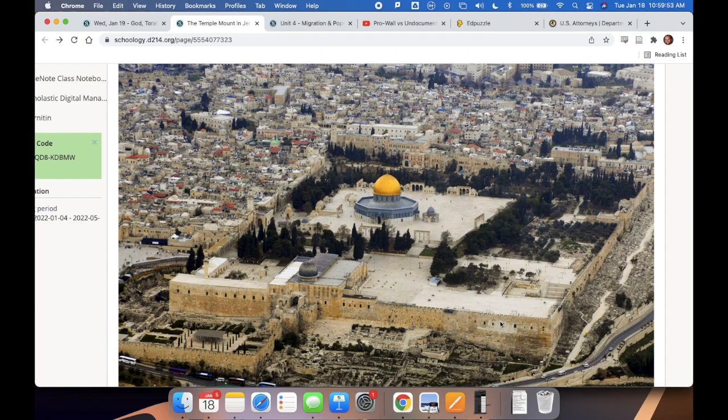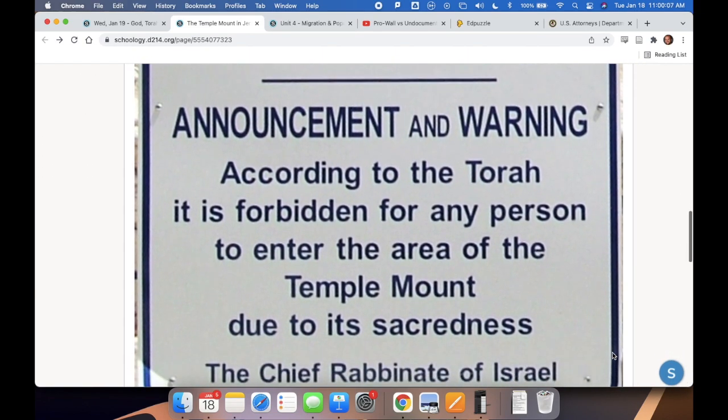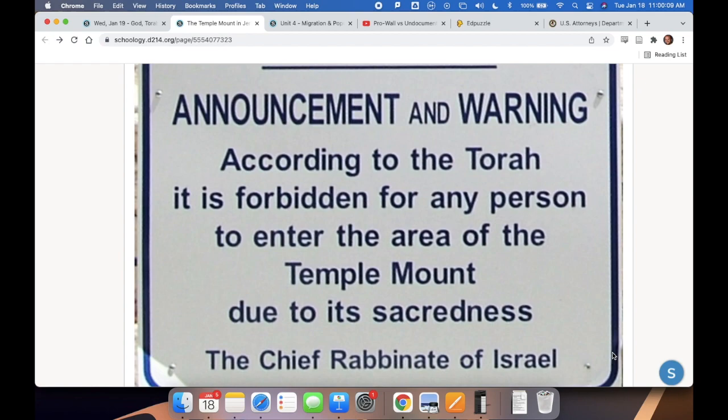Now interestingly enough, if you went to Israel right now and you went to the Temple Mount, you would see this sign saying, according to the Torah, it is forbidden for any person to enter the area of the Temple Mount due to its sacredness. This came from the chief rabbinate of Israel, kind of like the head rabbi in Israel, in the late 60s. There are a couple of interpretations of why.